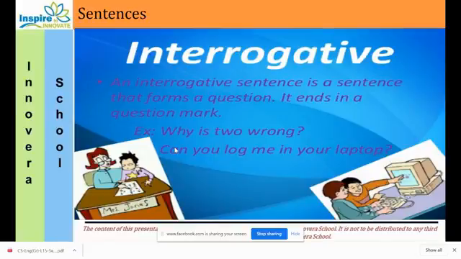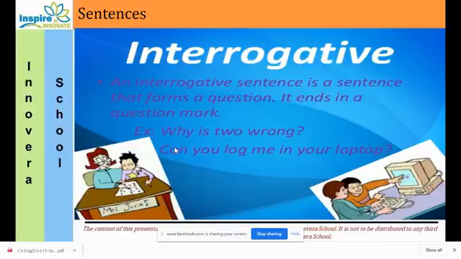Then if it is simple past tense, we will add did, along with the verb, like did like or did drink. If it is drank, it will change into drink. Fine.